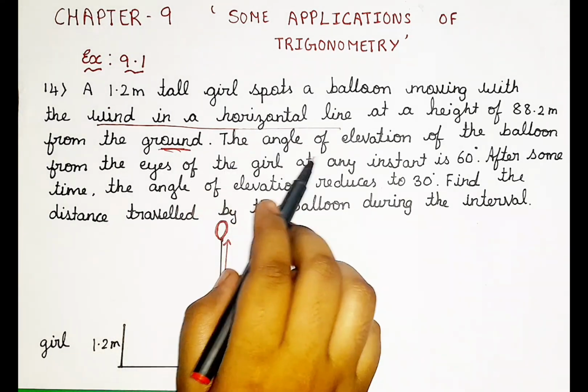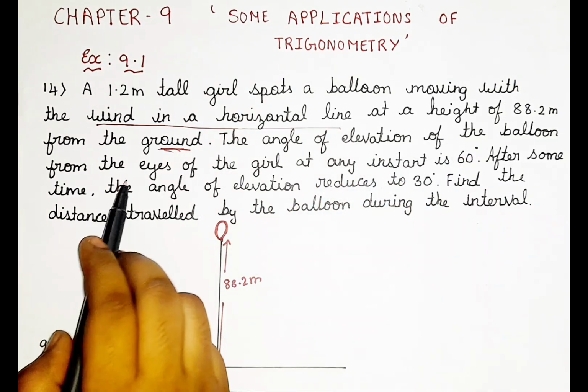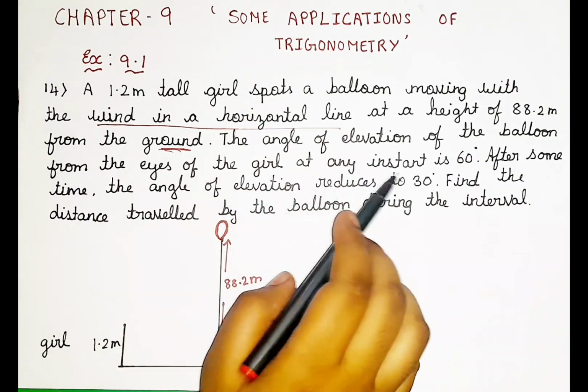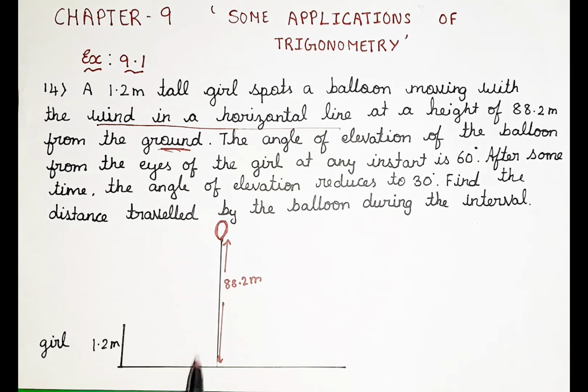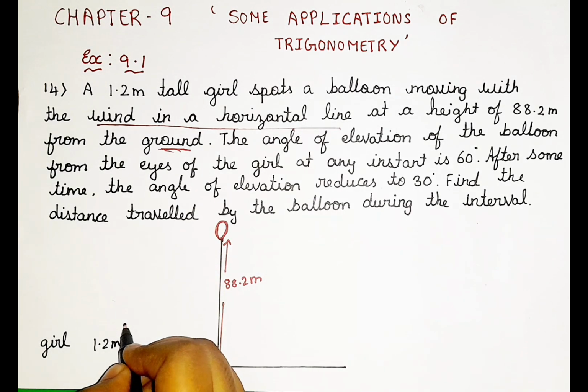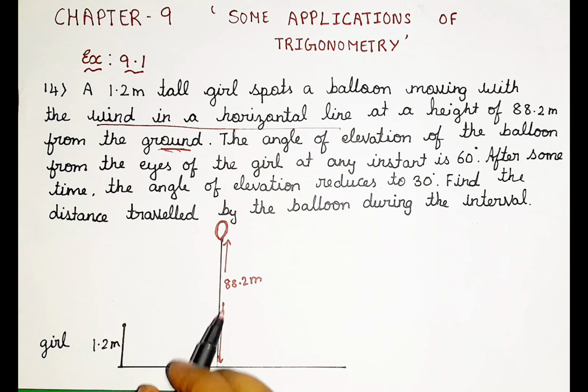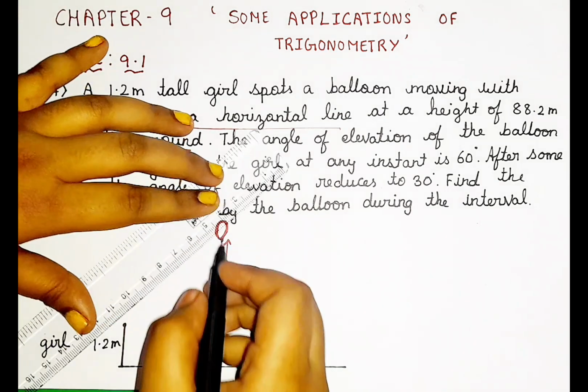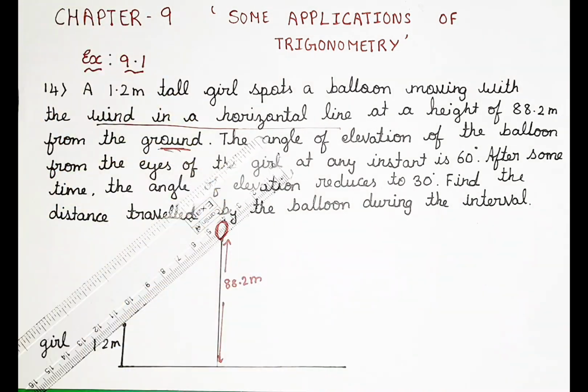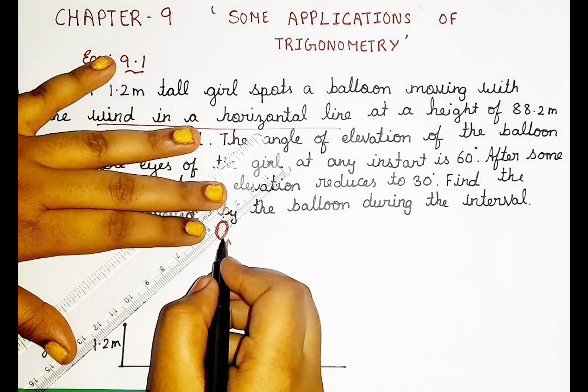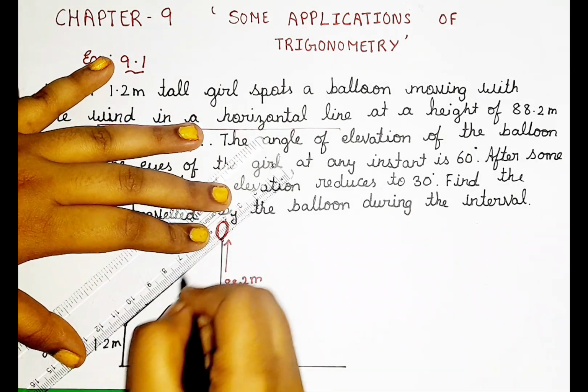The angle of elevation of the balloon from the eyes of the girl at any instant is 60 degree. Since this is the girl, the eyes of the girl are right over here, so there is an angle of elevation. Let us draw the line. So this is the angle of elevation.